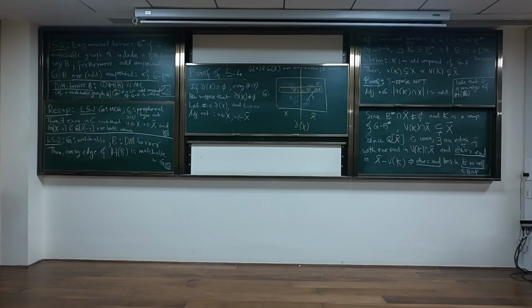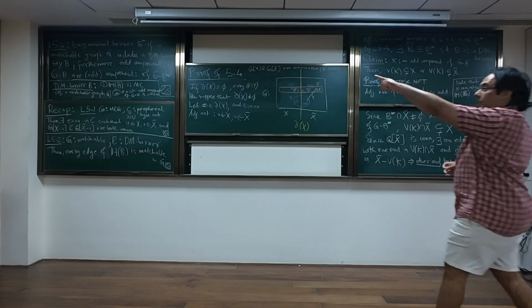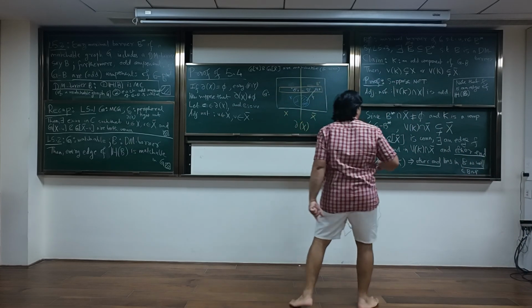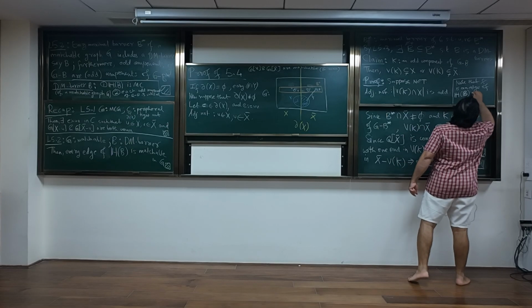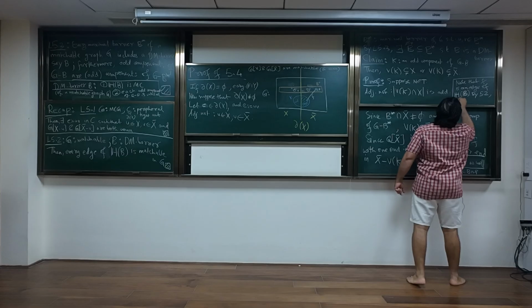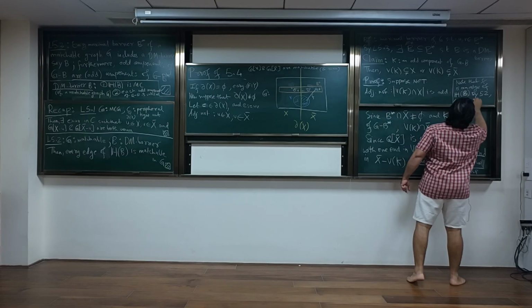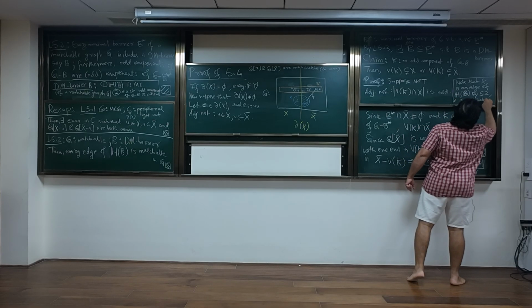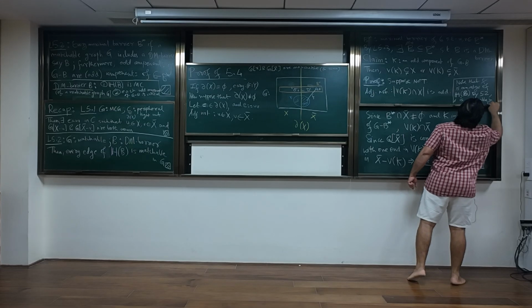This edge is matchable in G as well. Everybody agrees? This is lemma 5.2. By 5.2, F is matchable in G.